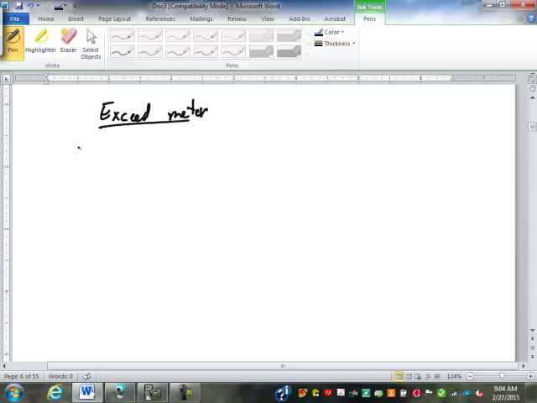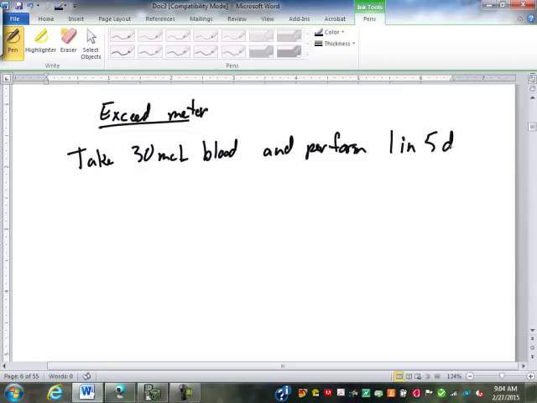And in this case, we are going to take 30 microliters of blood. And we are going to perform a 1 in 5 dilution.